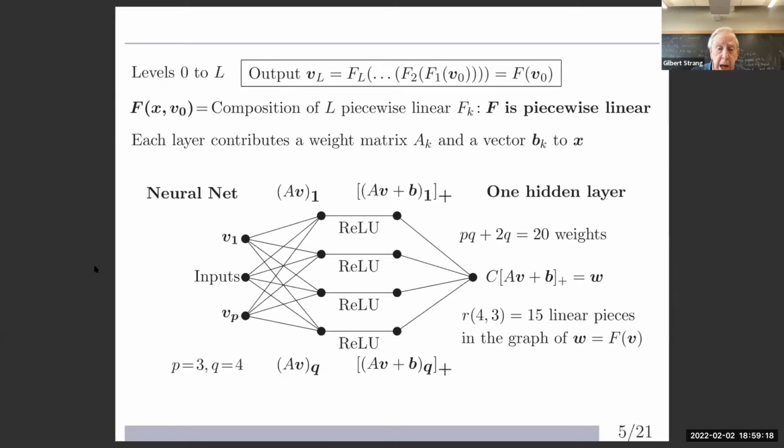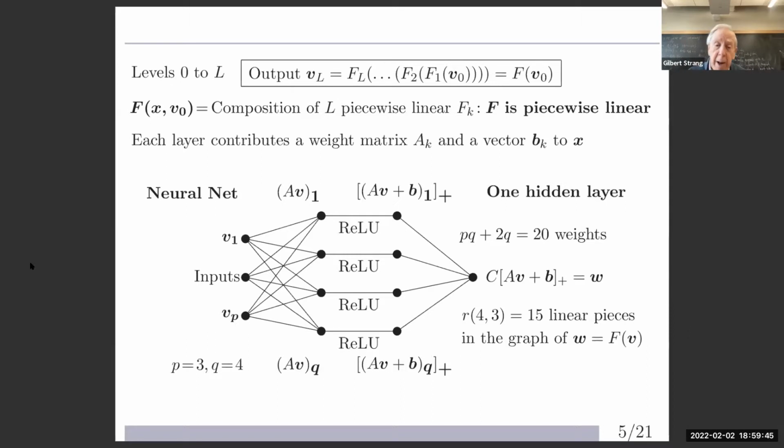Now comes the matrix. A matrix A multiplies V. Maybe it's a 4×3 matrix, let's say, or 3×4. And we get AV, A times V. And now comes this ReLU, this nonlinear step. And actually we add a vector B as well as multiply by A. But anyway, that's the step.